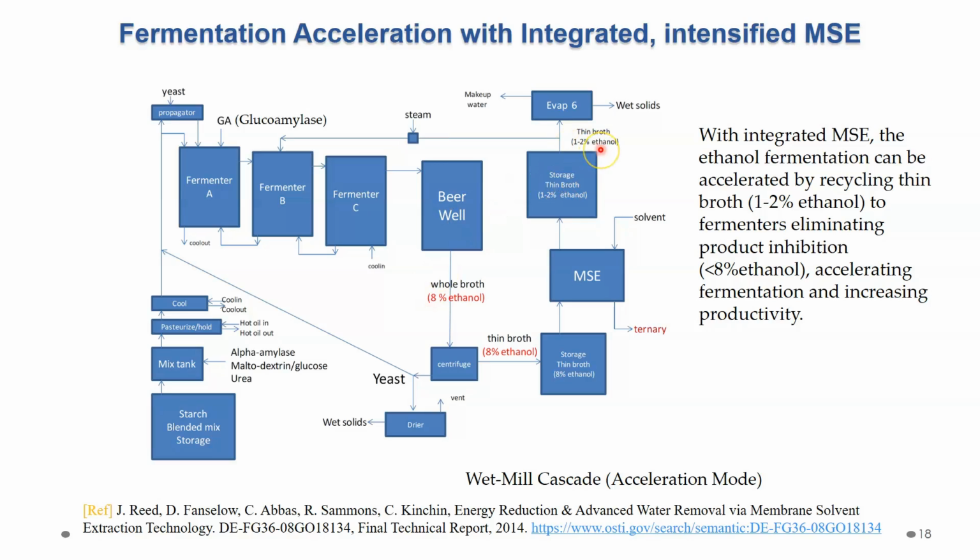The thin broth containing 1 to 2% ethanol from MSE is recycled to fermentation to control ethanol concentration of the broth at 8% ethanol. At 8% ethanol or below, the product inhibition is eliminated, leading to an increase in productivity. It is seen from the DOE report that this could give 2 to 3 times acceleration. As shown in the previous slide, the heating and cooling energy could be substantially saved.